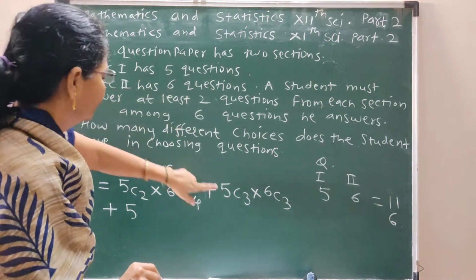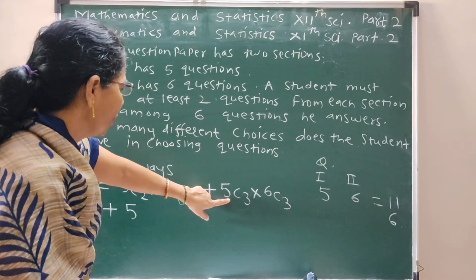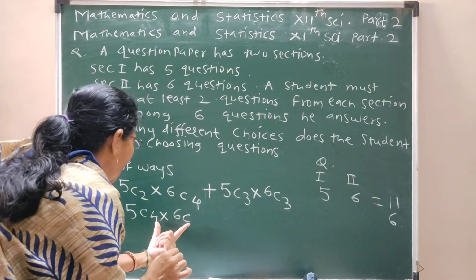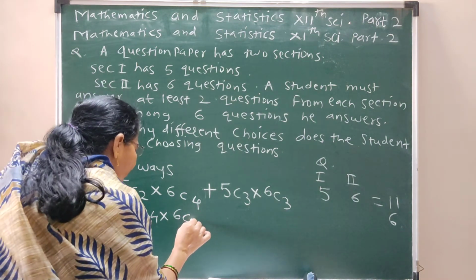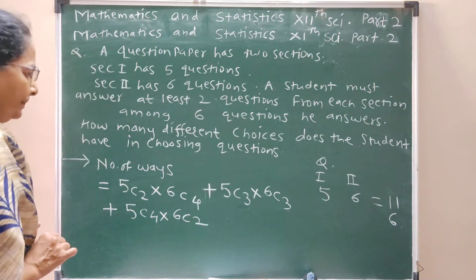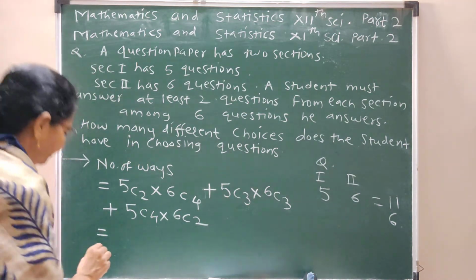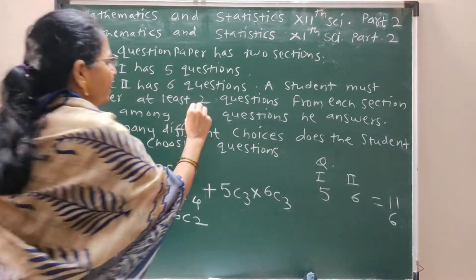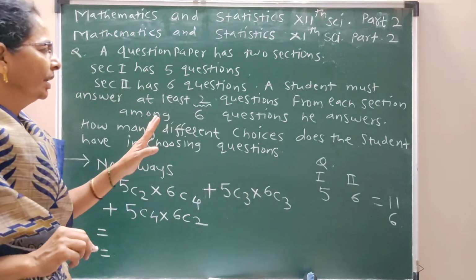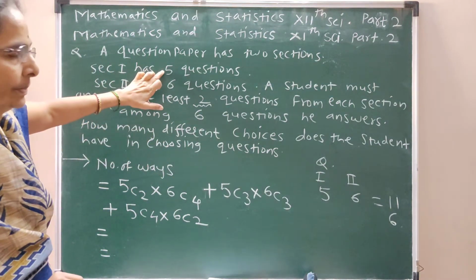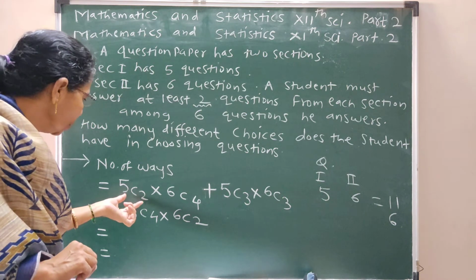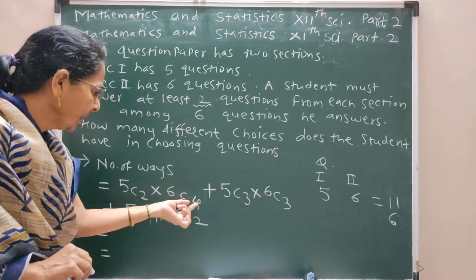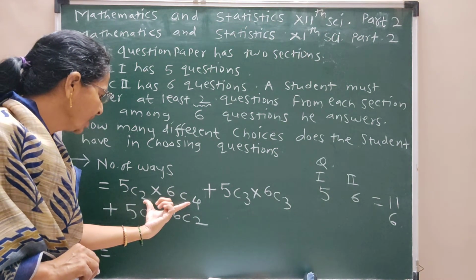if he takes 4 questions from the first section, he has to take 2 questions from the second section. At least 2 questions means he can take 2, 3, 4, 5. If he takes 2 from the first section, 4 from the second, total 6.